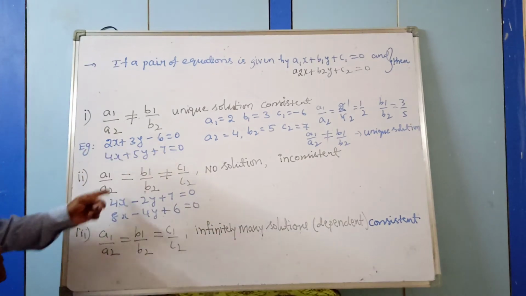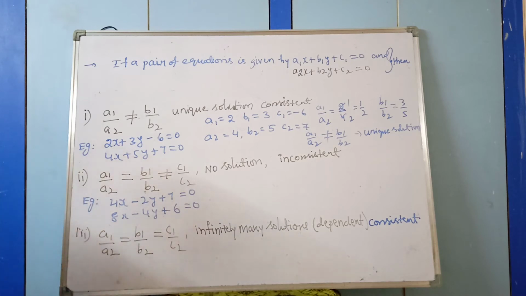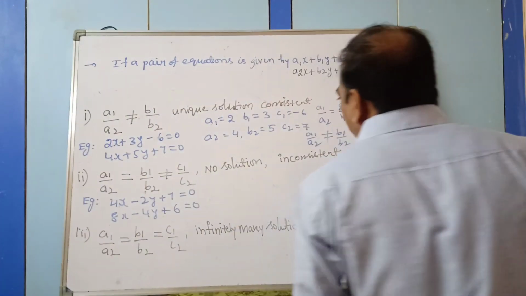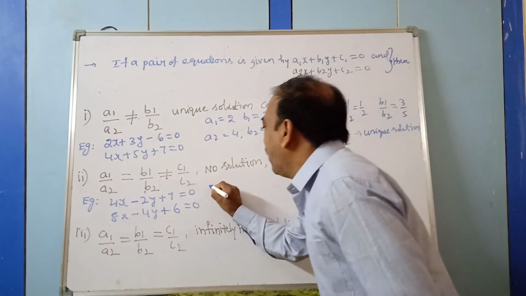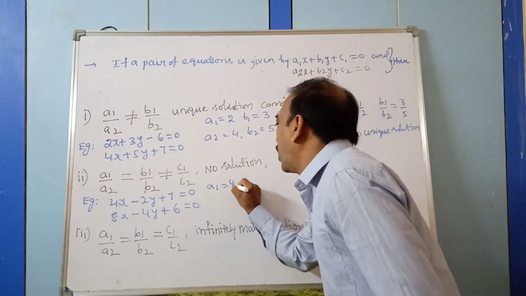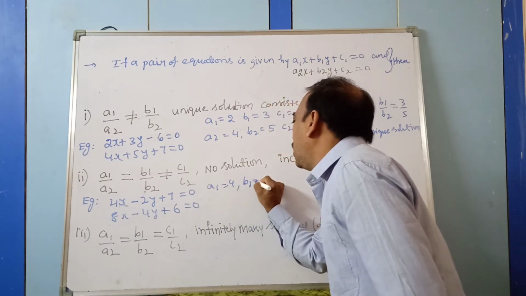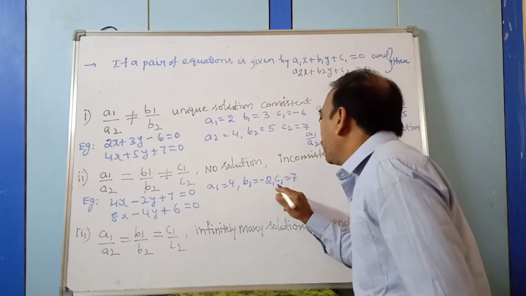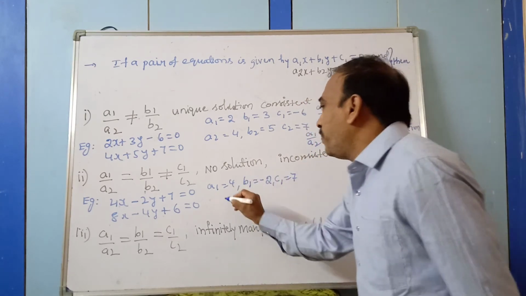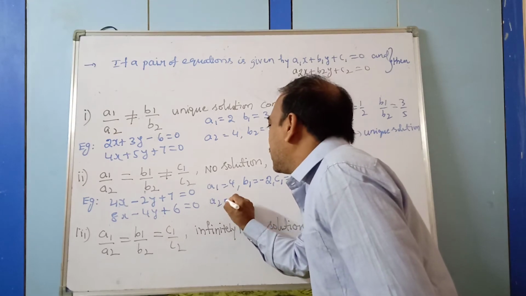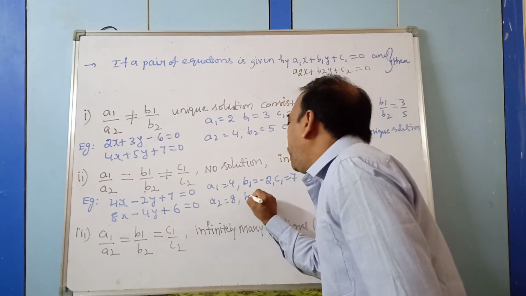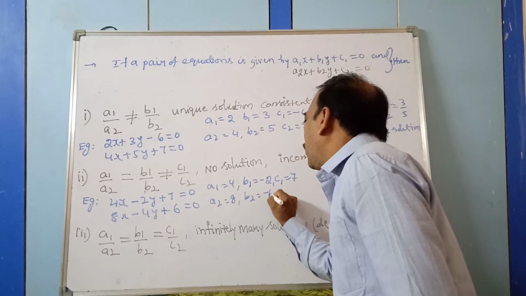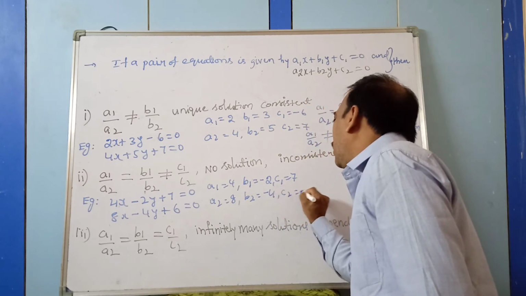Now you compare these ratios. First write down A1 is equal to 4, B1 is equal to minus 2, C1 is equal to 7. Now A2 is equal to 8, B2 is equal to minus 4, C2 is equal to 6.